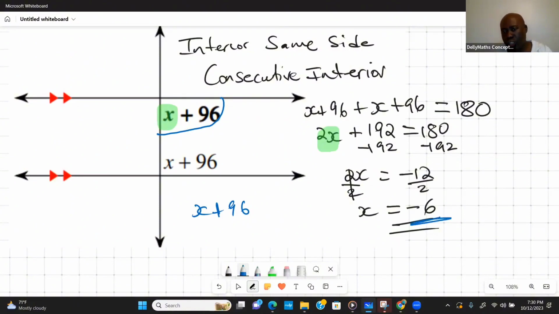At this moment, we're going to substitute -6 for x. So -6 plus 96 will give us 90 degrees. So this is suggesting that the angle here is 90 degrees.